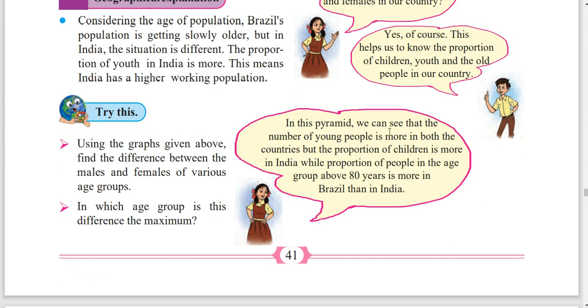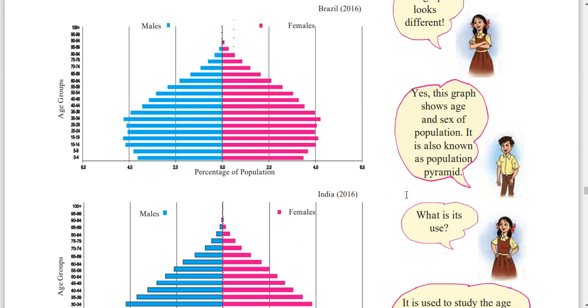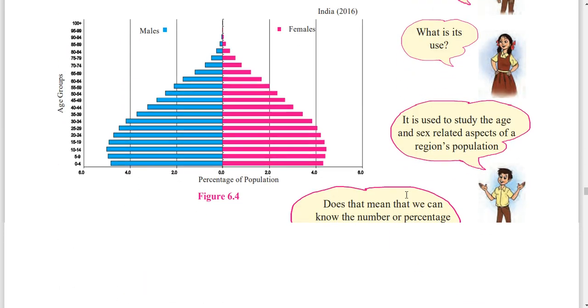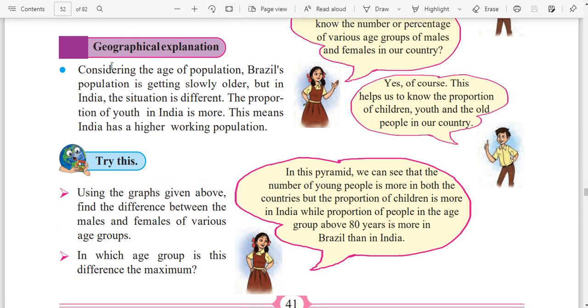In this pyramid, we can see that the number of young people is more in both the countries, but the proportion of children is more in India, while the proportion of people in the age group of 80 years is more in Brazil than in India. Geographical explanation.